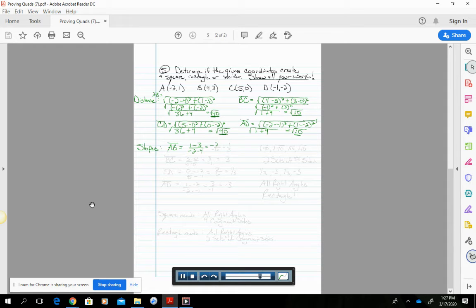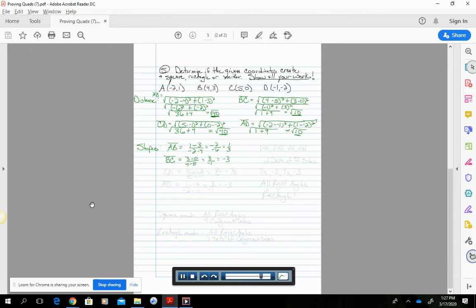So I get -2 over a -6, which will reduce to 1/3. Okay, my next slope I'm going to get is from B to C. So from B to C, I'm going to go 3 minus 0 over 4 minus 5, which is 3 over a -1, which is just a -3.